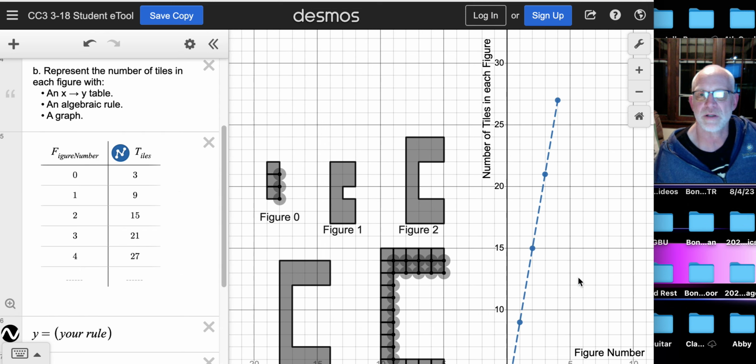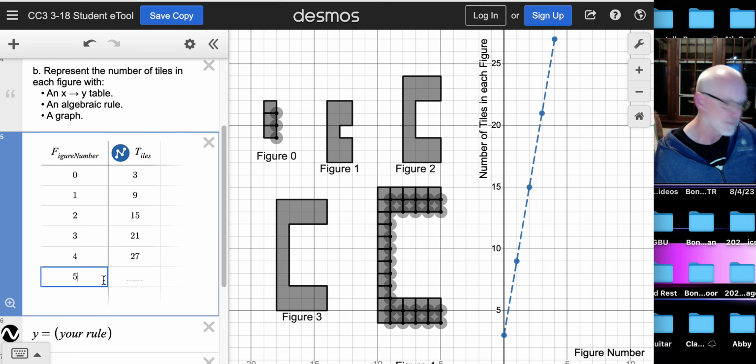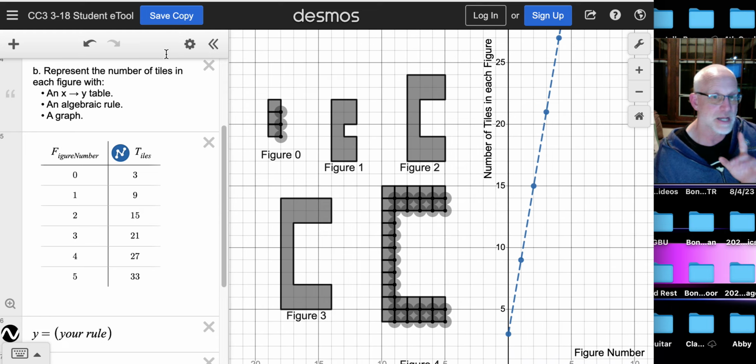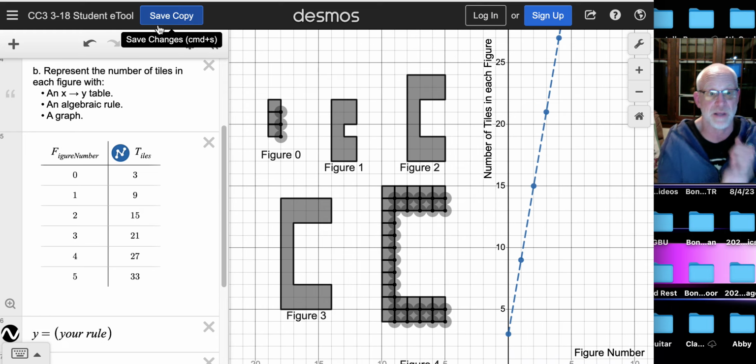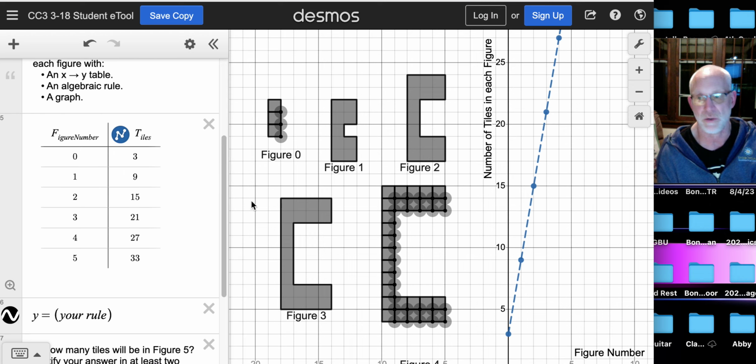That looks like it works. Straight line still. Linear equation. And then the last one must be 33. That looks like it works too. So we're going up by 6. Now remember that we're going up by 6 because when you have to find your rule, 6 is going to be in there somewhere. Okay? Because we know it goes up by 6.